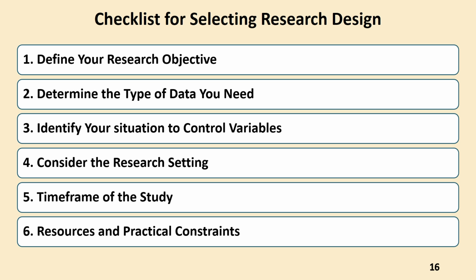Fifth, the time frame of the study is very important. What is your time limitation? What is your time frame? Select the research design accordingly. And last is resources and practical constraints. How much finance you have, how many other resources you have, and what will be the practical constraints in adopting a certain kind of research design.